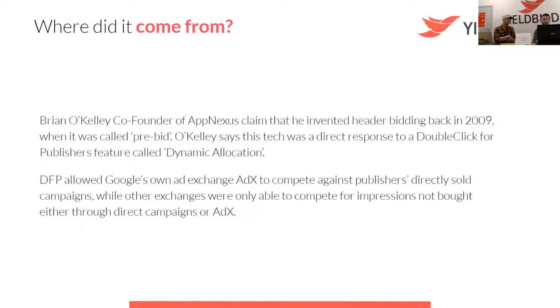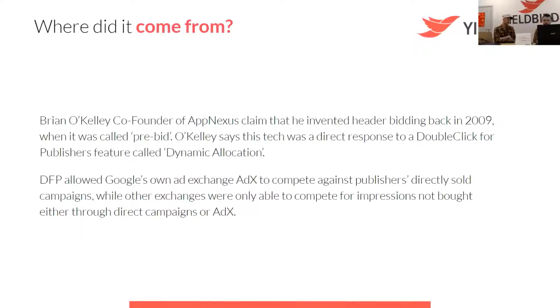Apparently, when I started digging into who claims to be the founder of header bidding, the most solid claims, backed by guys like Ari Paparo from Bizwax, come from AppNexus, and to be specific, Brian O'Kelly, one of the co-founders of AppNexus.